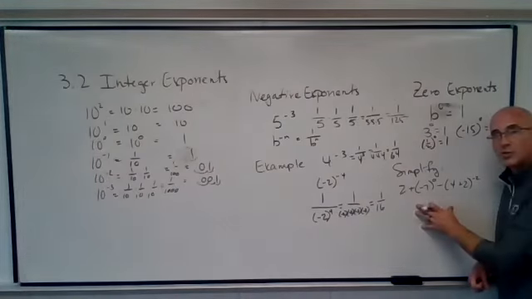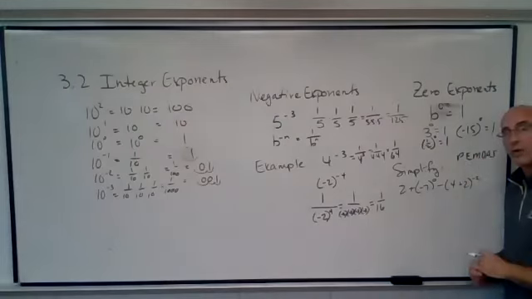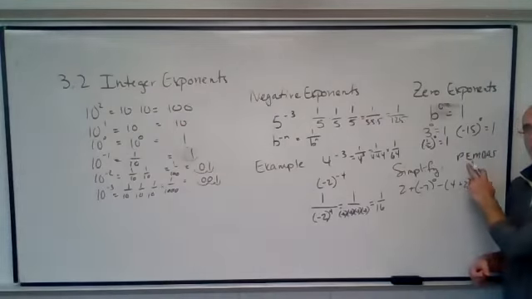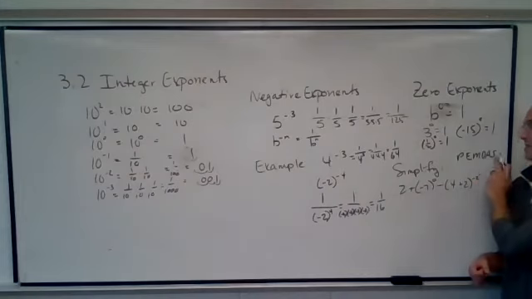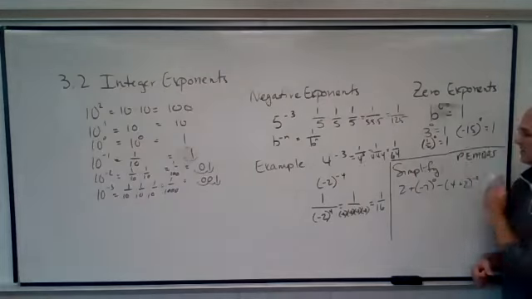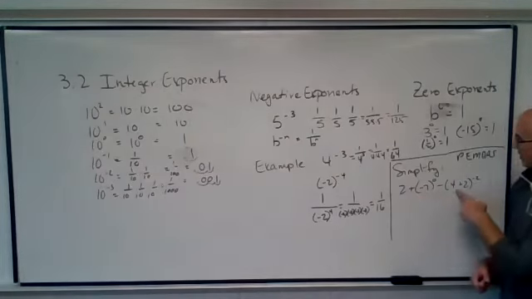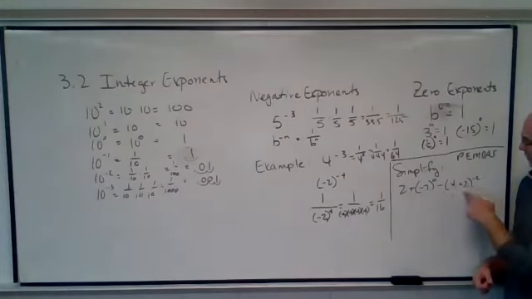So now we're going to use PEMDAS. We all know what that is: parentheses, exponents, multiply, divide, add, subtract. We are going to do that in this expression. So the first thing we're going to do is any parentheses. Here we have 4 plus 2, and that's 6.